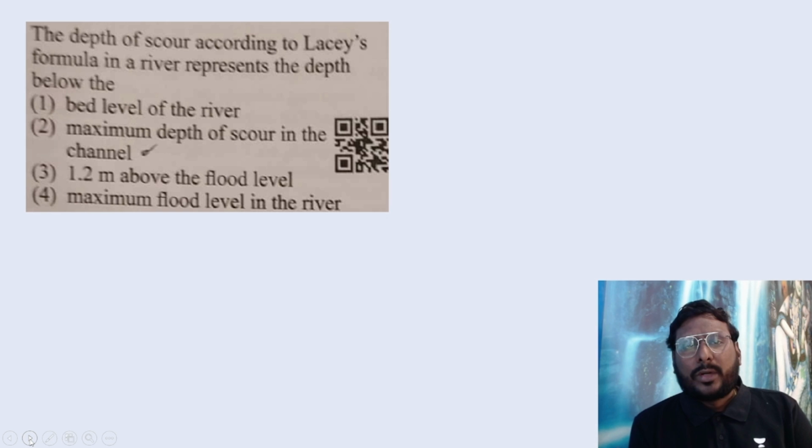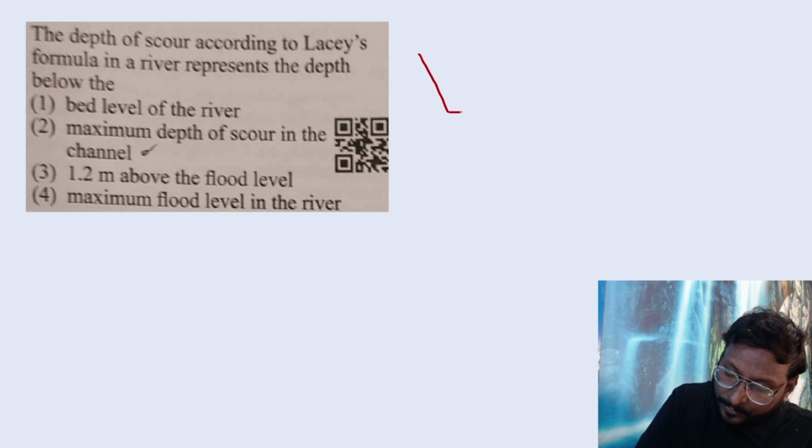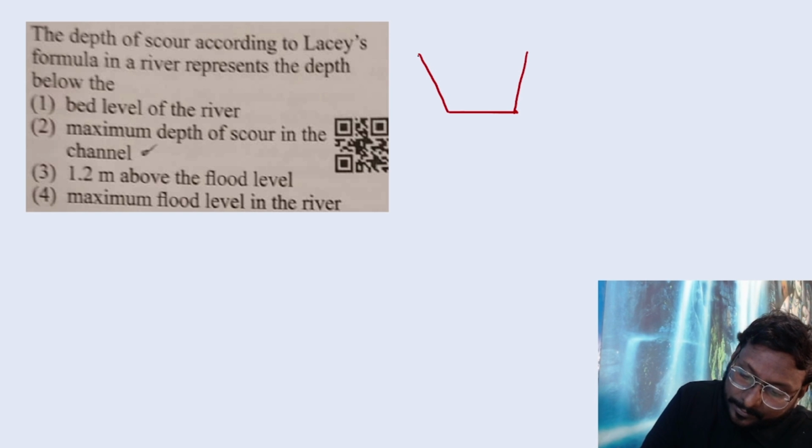Depth of scour according to Lacey's formula in a river represents, very important, this is a definition somebody told. It is a definition, no doubt. Depth of scour is the maximum depth of scour in the channel. Consider there is a channel bed, and the channel bed is getting eroded.